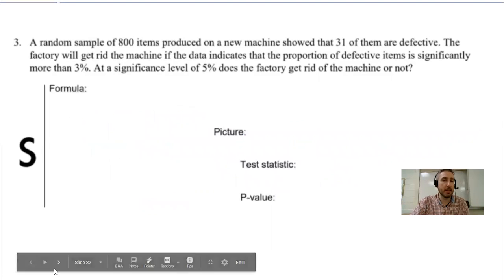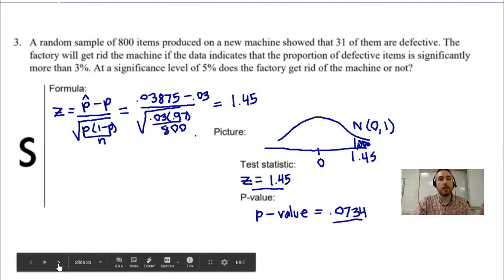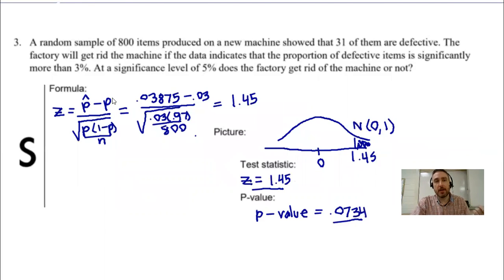All right, so now we do all the statistical work, and I use the calculator, but the formula is z equals p-hat minus p over the square root of p(1 minus p) over n. Remember, that's your standard deviation with the null as your p. That p, the null, is 0.03. That statistic was 0.03875. If we plug in the proportion there, you get about 1.45.